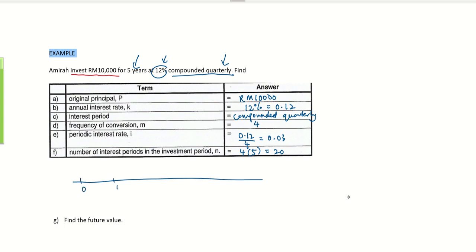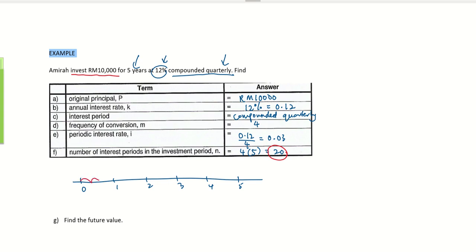If I draw the timeline here, we can see that the value of 20 is the number of interest periods throughout the investment period. So why 20? Because the interest is calculated 4 times a year.